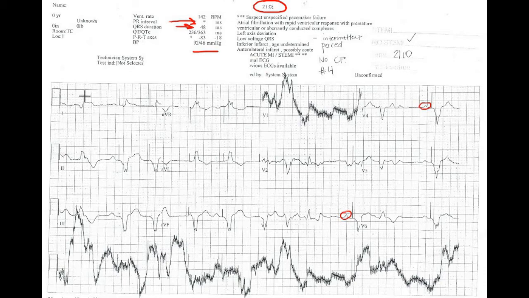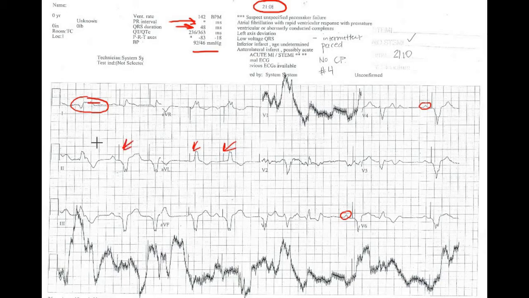In here we have what appears to be a native beat and appears to still have that ST elevation. So the next place my eyes go is in the contiguous lead, and here both of these are paced beats, so you can't do that contiguous ST elevation determination.